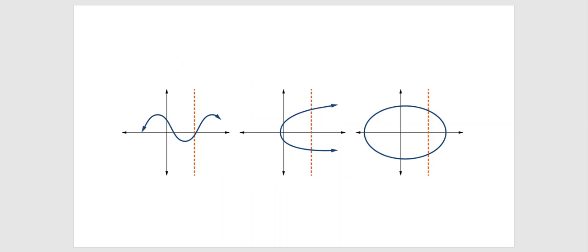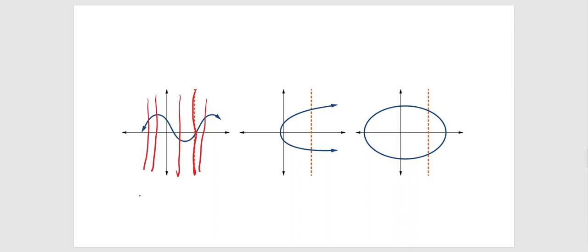Okay, so which one is a graph of a function and which one is a graph of not a function? Okay, so as you can see, we got this vertical line right here, or actually you can draw any, at any part of the graph, you can draw a vertical line and you're always going to intersect at 1 point.